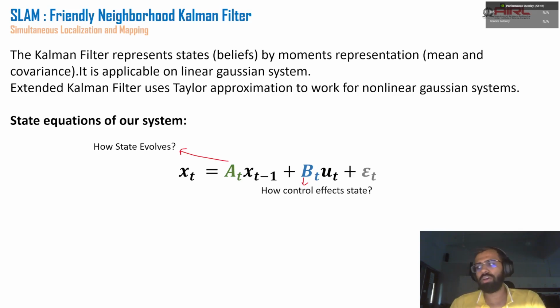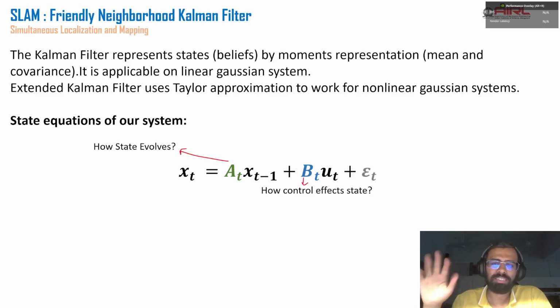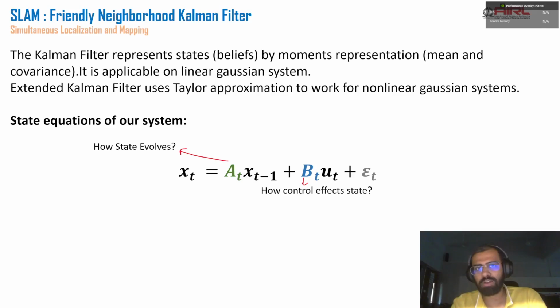Now imagine the barrel being pushed down or pulled up, and because of that your state evolution might be a bit slower or faster depending on which direction this control input is acting. This conversion of the control input to the new state is done with the help of Bt. So I think that's fair now.